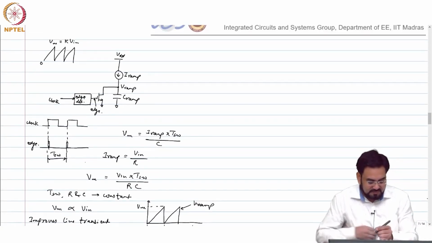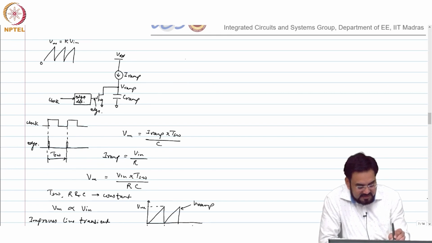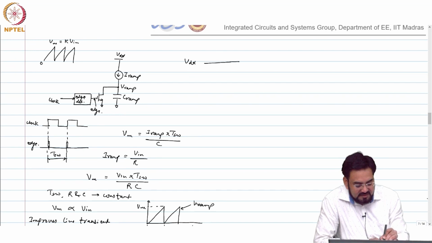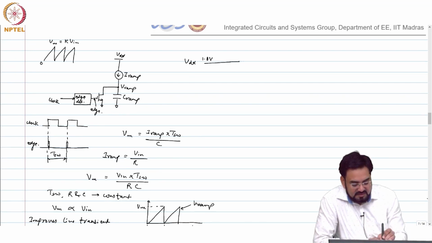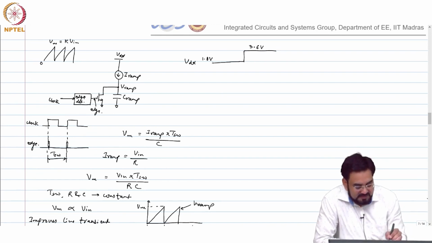Let me show you the example for line. Let's say this is your VDD. VDD is nothing but your line voltage. Let's say this is 1.8 volt, and all of a sudden it changes to, let's say, 3.6. So what duty cycle do you expect?